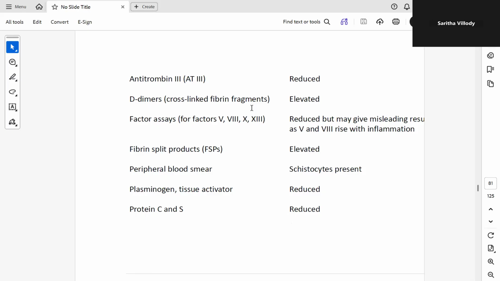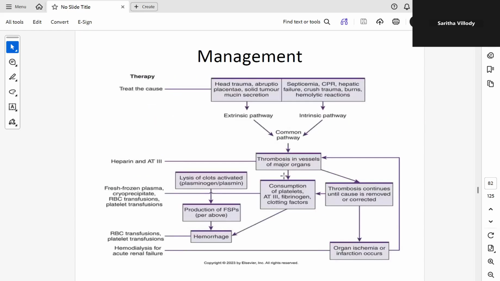That means there is some sort of bleeding or clotting happening in the body. It's not very specific, but it's linked to blood clotting. So if that is elevated, that's a significant sign. What else? Plasminogen, tissue activator, all of this will be reduced. All the factors will be reduced, but all the times will be elevated. That's one way of finding out.